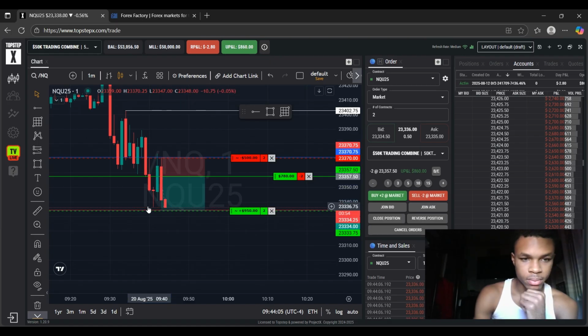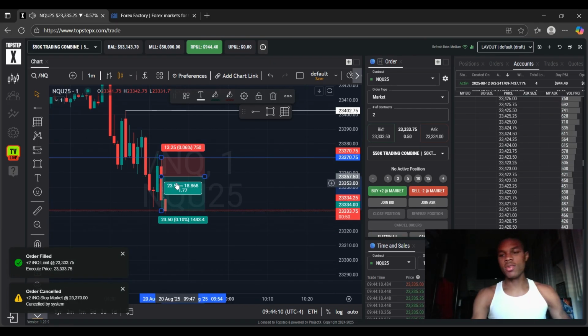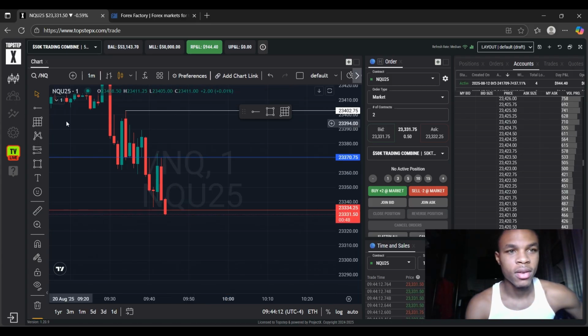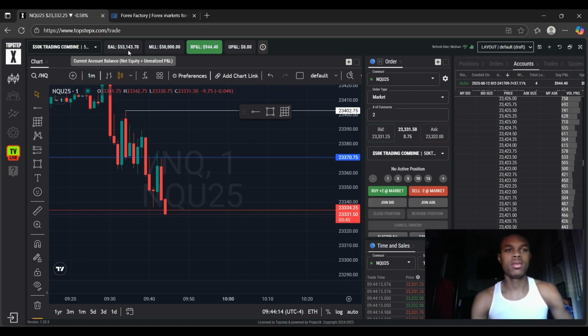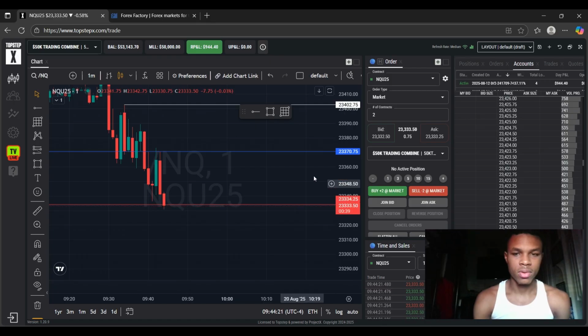We got equilibrium. Order filled, but we still need like 100 more. Let me see how many more bones we need. We still don't have enough money. That's why I was skeptical of making that move, but it's all right. What we'll do is, we got to scalp.